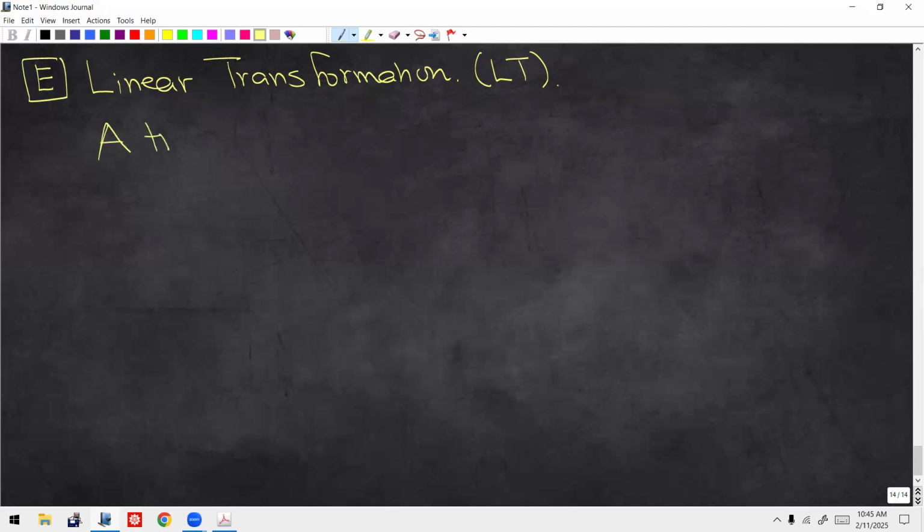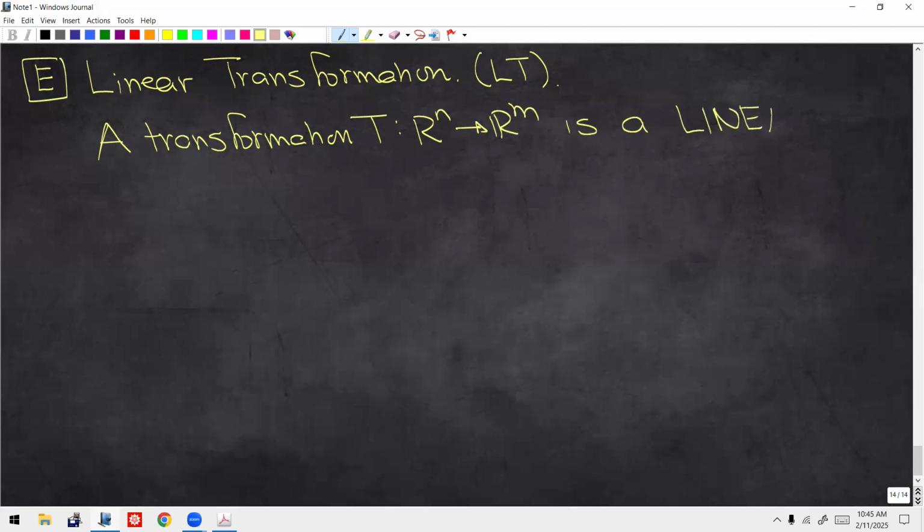A transformation T from Rn to Rm is a linear transformation, and I'll capitalize it because going forward this is what we are interested in, if it satisfies two conditions.